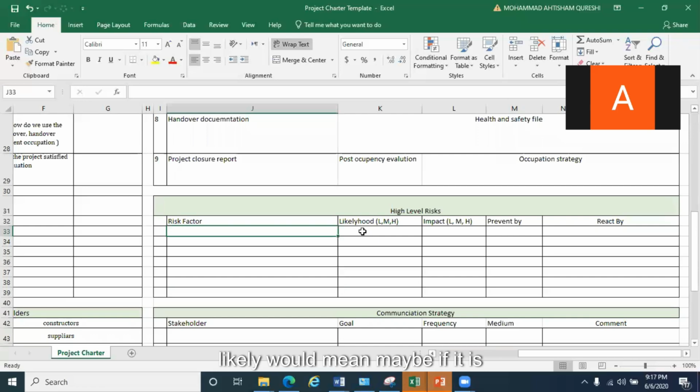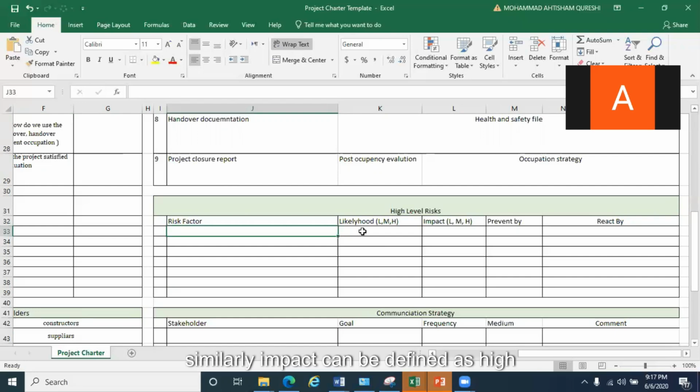So likelihood maybe, if it is 25% chance, we can say okay, likelihood is low because 25% chance. The medium is 50%, but high is 90%. If the probability is 90%, then we can say it is high. If probability is 50%, we can say it's medium. And high, medium, low is based entirely on our own risk tolerances. What we tolerate, what is the tolerance level of the organization.